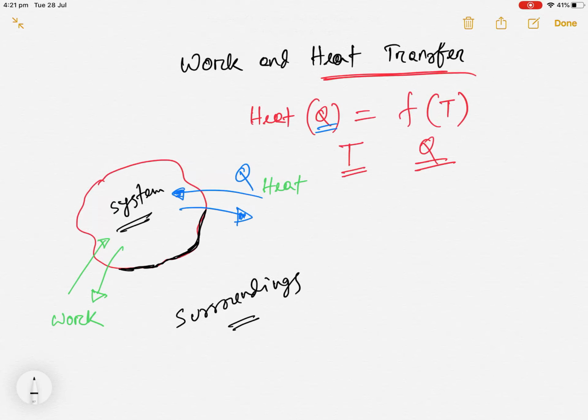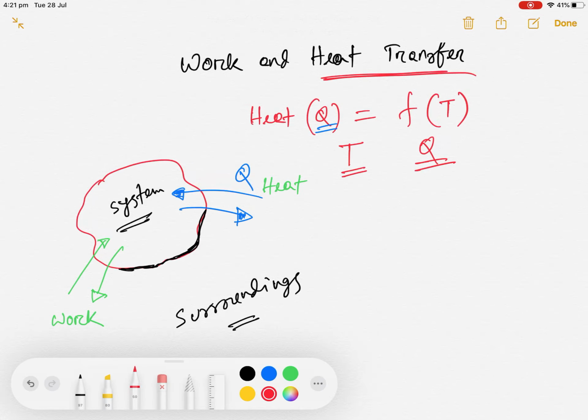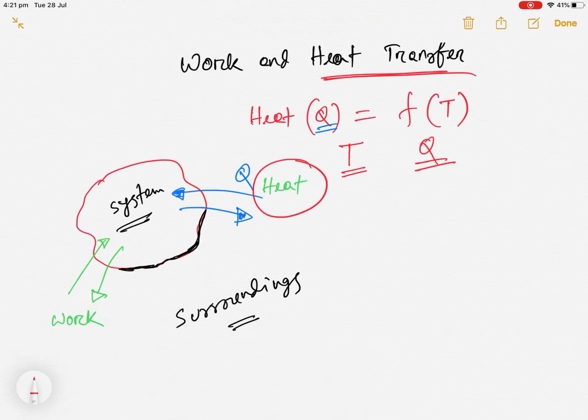So let's think about heat at the very beginning, how heat transfer happens. As I said earlier, heat is a form of energy. In reality, heat is low efficient, or in other words, it is a low grade energy.